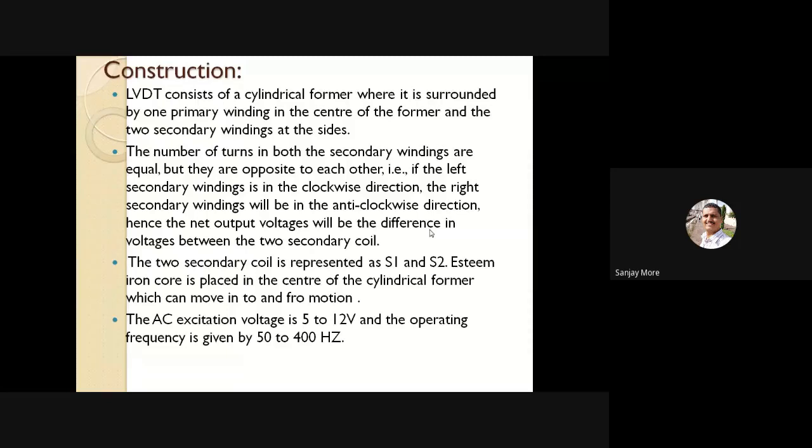The secondary coils are represented as S1 and S2. A steel iron core is placed in the center of the cylindrical former, which can move in to-and-fro motion. The alternating current excitation voltage is 5 to 12 volt and the operating frequency is 50 to 400 hertz.